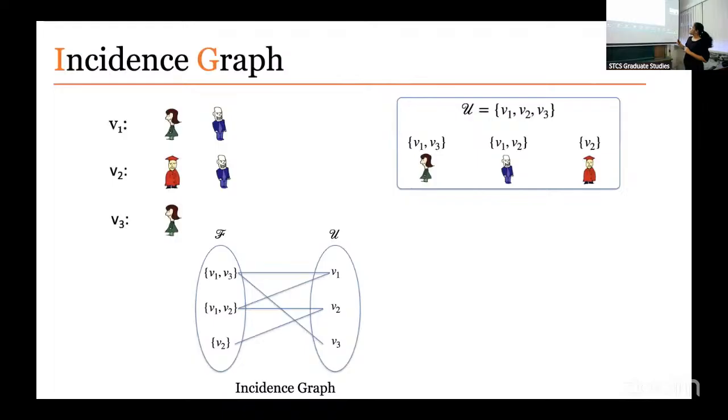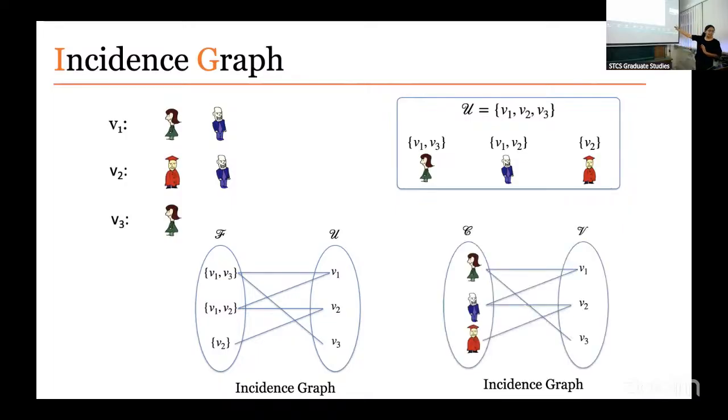Let us quickly see, because we will talk in terms of the incidence graph again. The terminology is the same. We have a family, we have a universe, and candidates. We know that the set corresponds to a candidate here. Everything is the same.